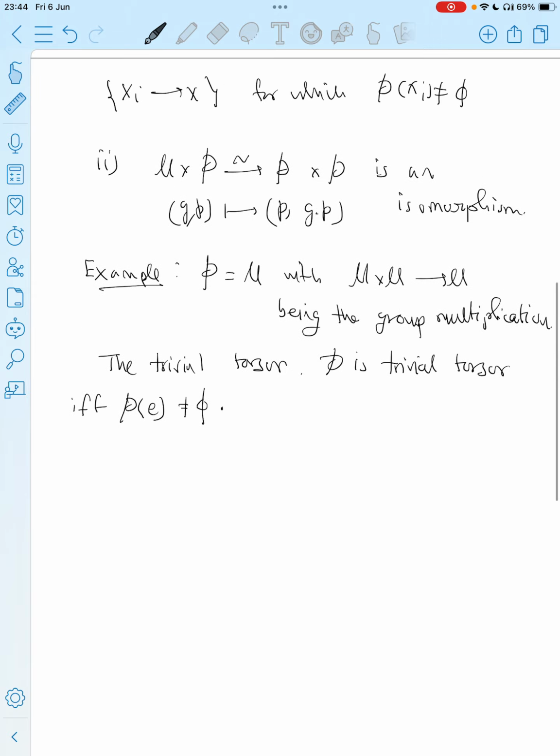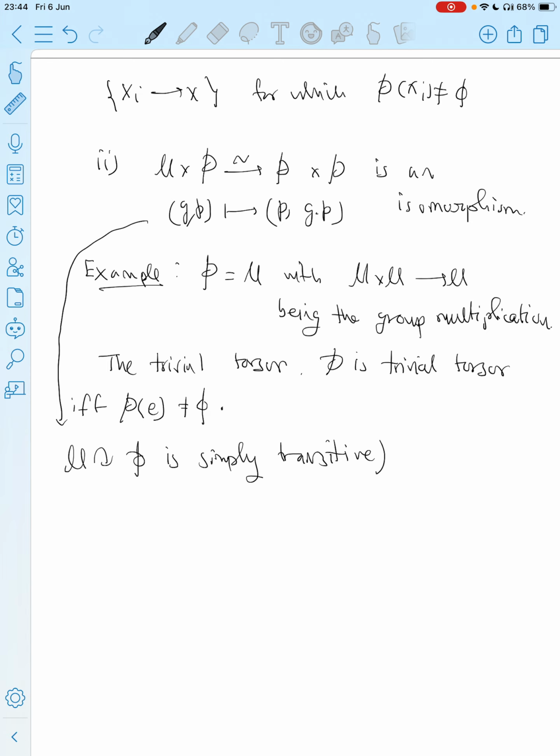Point 2, by the way, says that the action is simply transitive. So this says that the action of mu on the torsor is simply transitive. That is obvious from this.